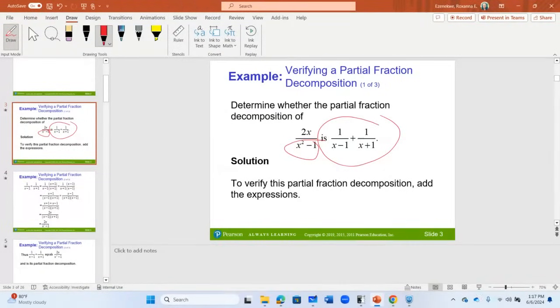So what we're going to do is go to my whiteboard and try to do the partial fractions, because it takes a lot of time.